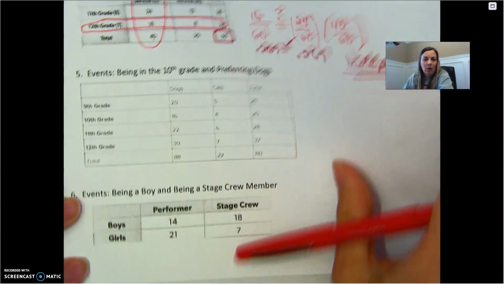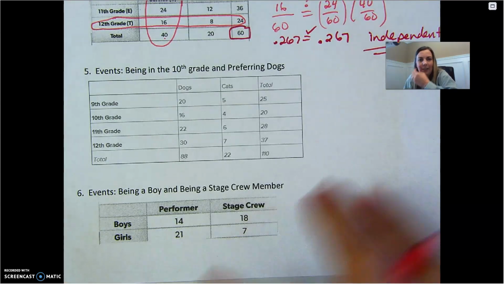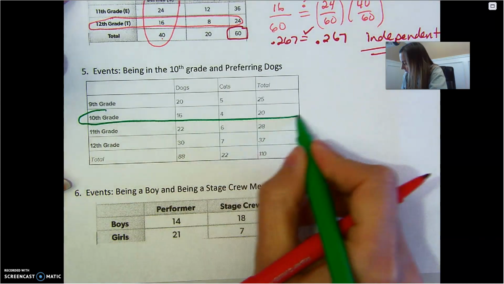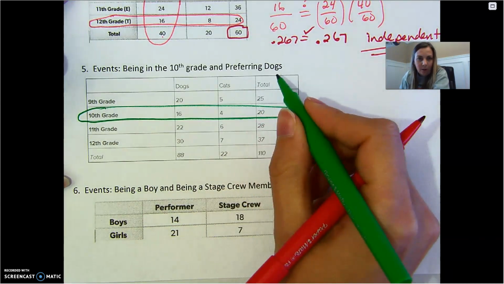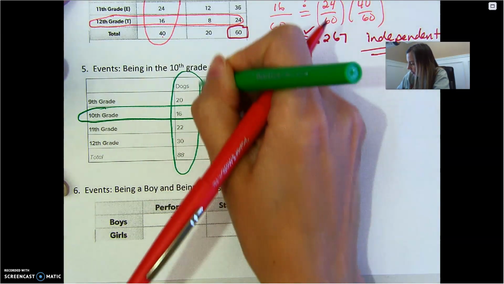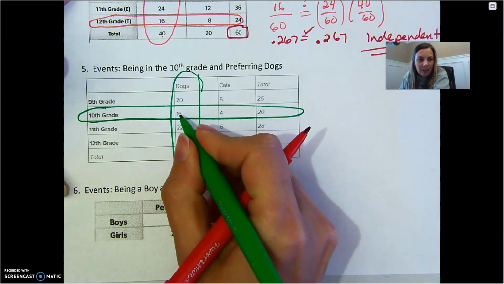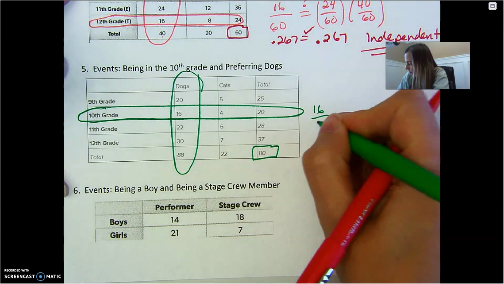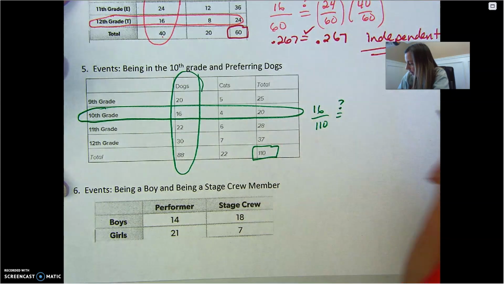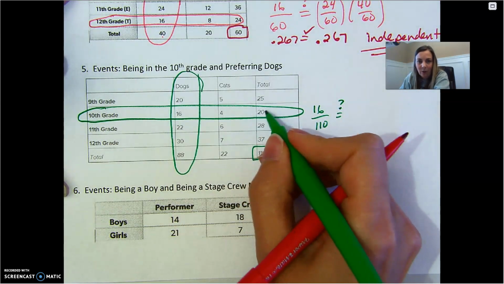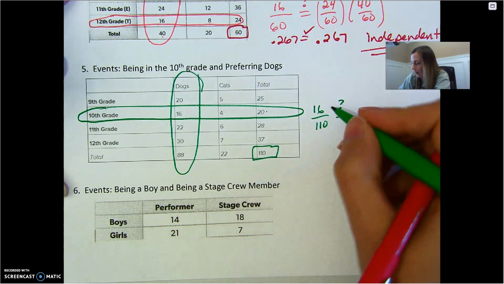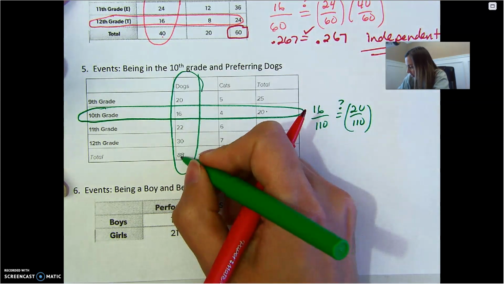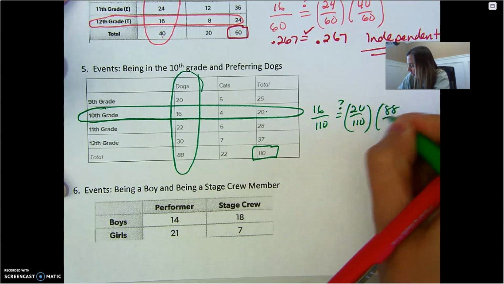All right, let's try two more. Events being in the 10th grade and preferring dogs. The intersection is 16 out of 110 for the grand total. And we're going to verify to see if 10th graders, so that's 20 out of 110, times dogs, 88 out of 110.